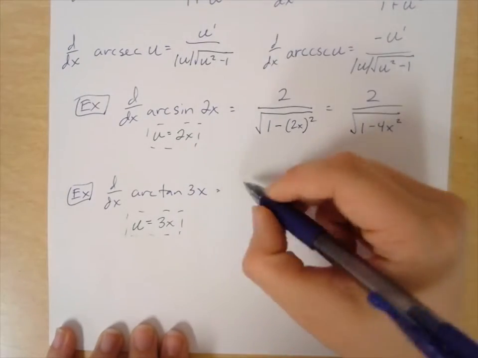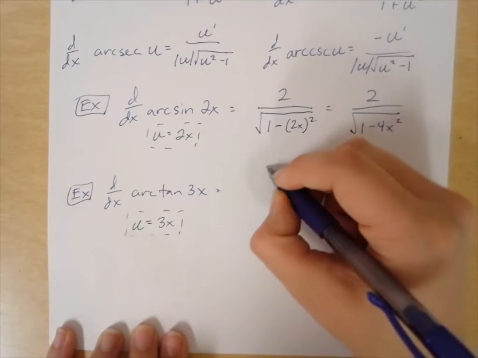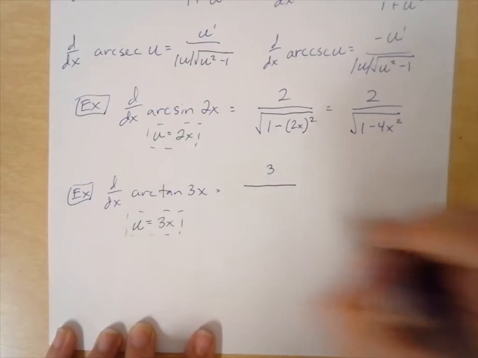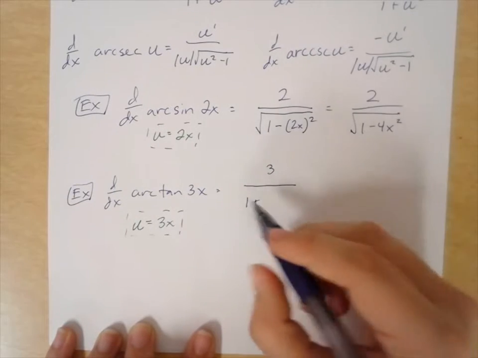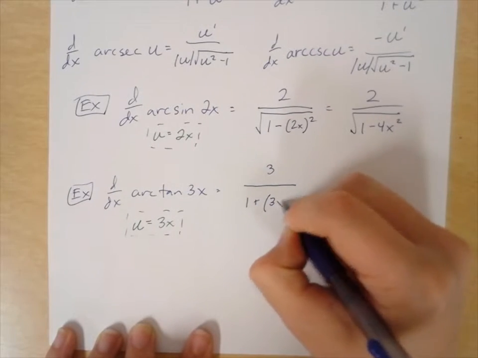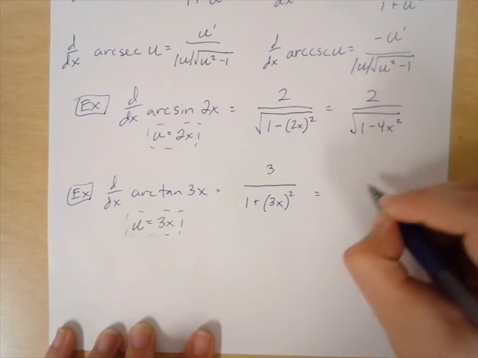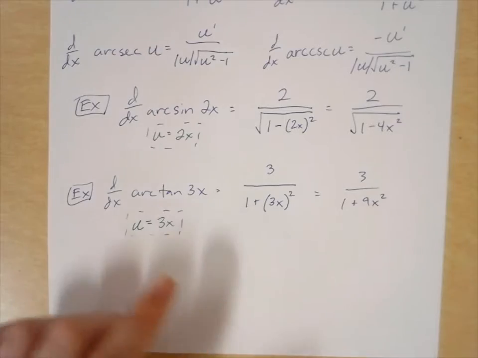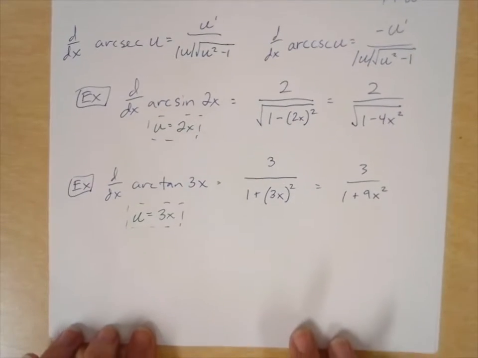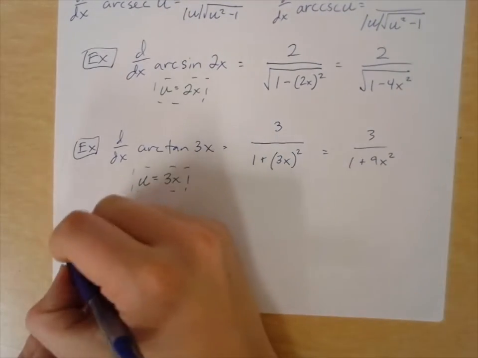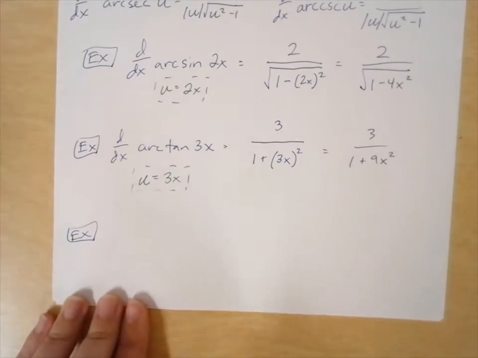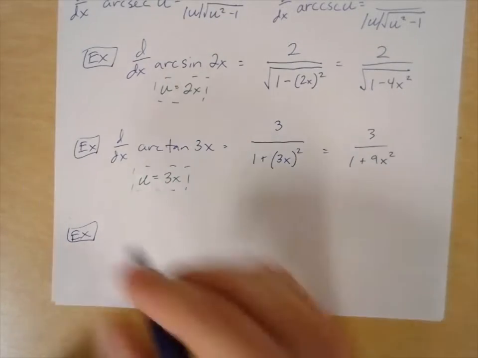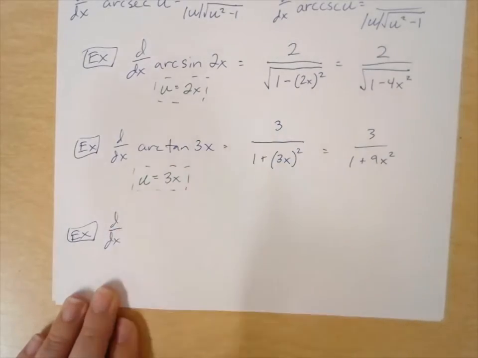So we're going to have u prime, which in this case would be 3, all over 1 plus u squared, 1 plus 3x squared, which is 3 over 1 plus 9x squared, and that's all we can do. We're done. Last example, and then I'll leave you guys alone. Make it a short video today.